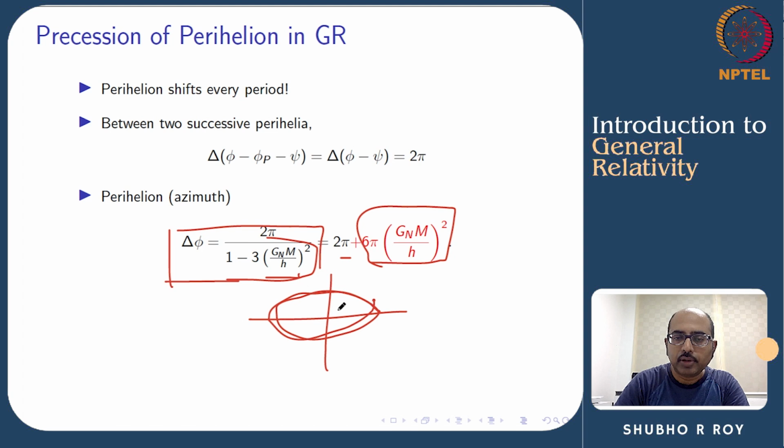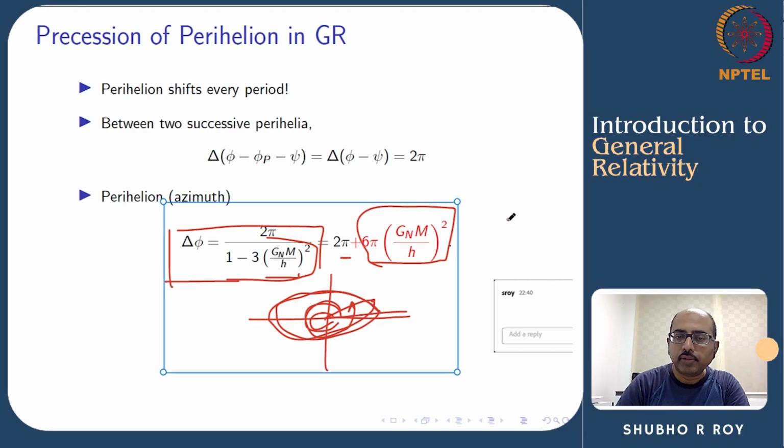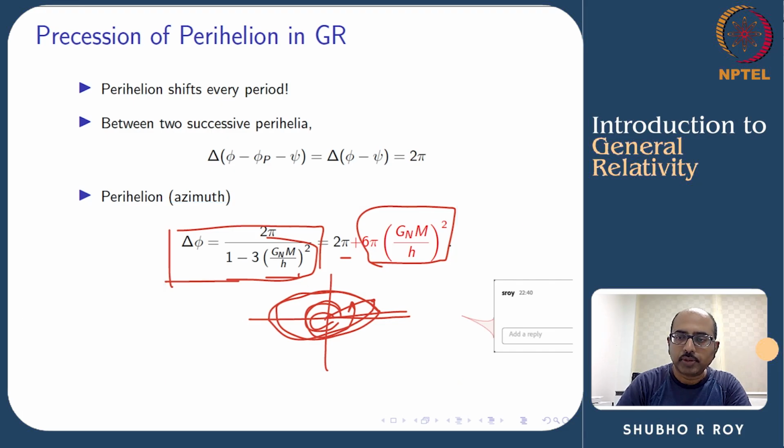So this angle, from initial to final, is more than 2 pi. Initially it was here, and the second perihelion appears instead of here, it is here. So the azimuthal angle has to increase by more than twice pi. This is sometimes called the azimuthal excess.